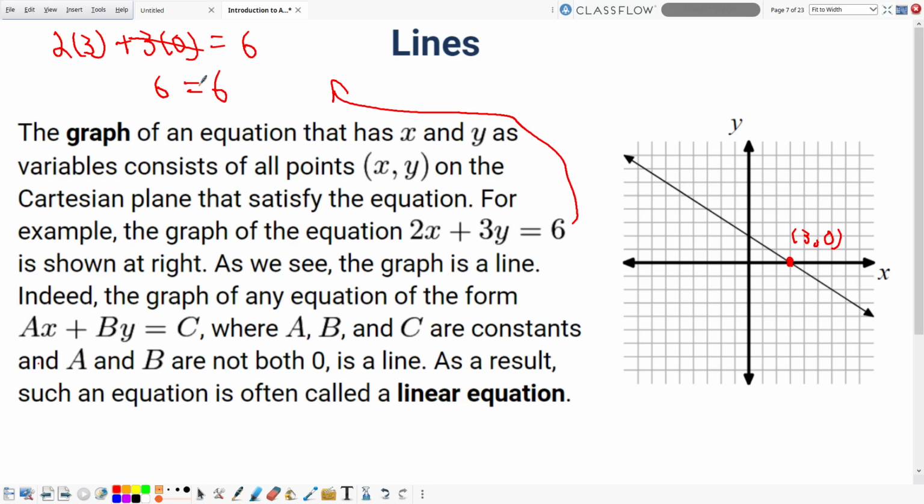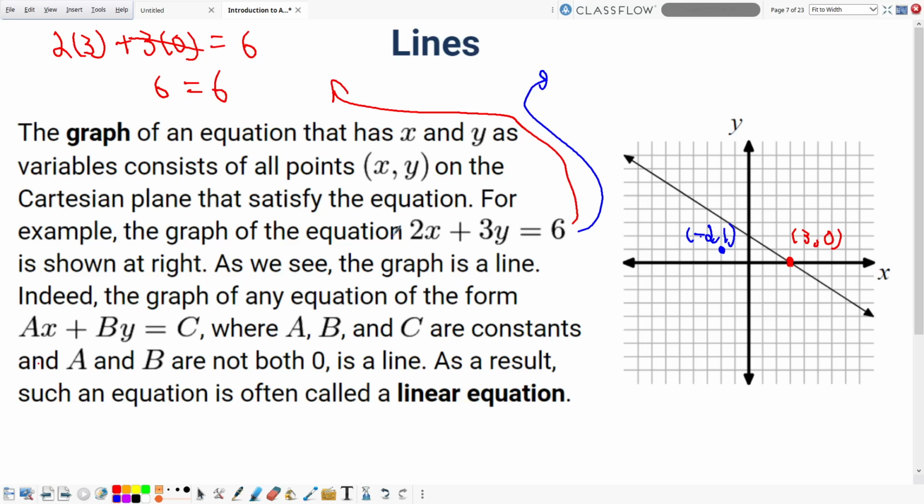If I picked a point that was not on this line, like over here in blue, that blue point I just marked would be negative 2 comma 1. Now let's try and see what those values would get us.